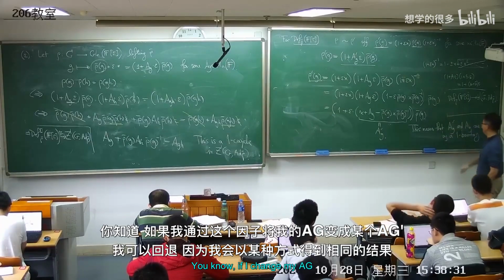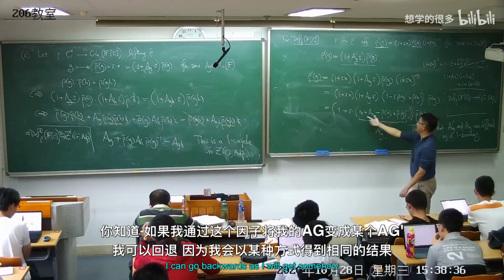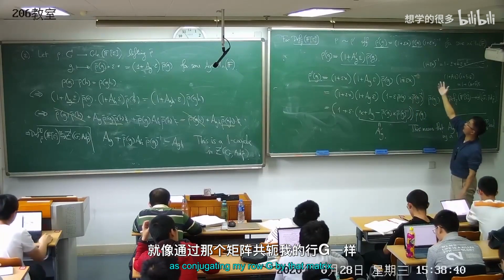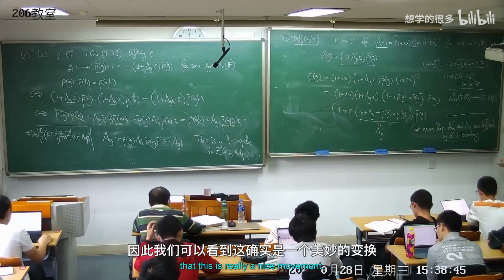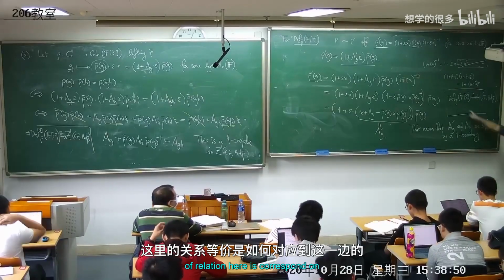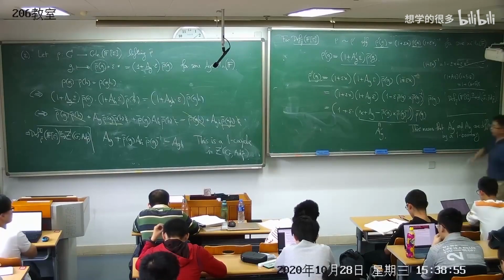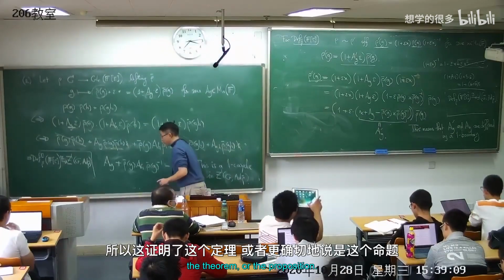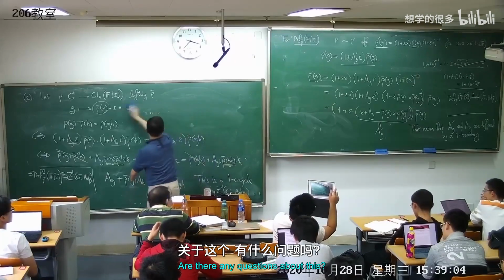If I change my AG into something AG prime by this factor, I can go backwards and get the same thing as conjugating my rho G by that matrix. All these things are equalities all the way. So we see that this is really an isomorphism. The equivalence relation here corresponds on this side to quotienting by one-coboundaries. So that proves the theorem, or the proposition. Are there any questions about this?